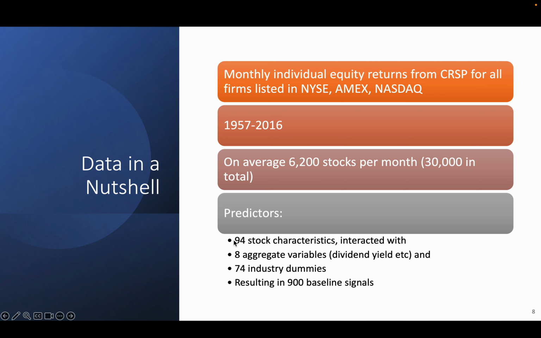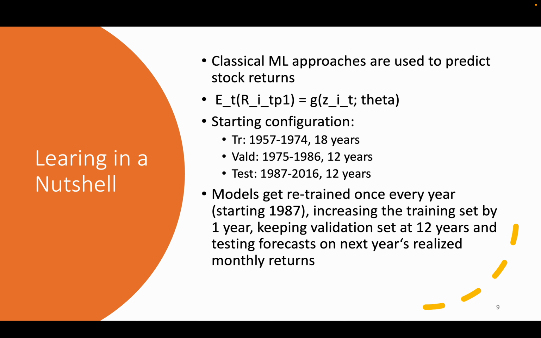The learning has been at the first 18 years monthly data. So we're just talking about 200 data points for learning. But the learning is across 200 data points, and for each data point roughly 6,000 stocks. So we see here we have more cross-section than time series in the learning.